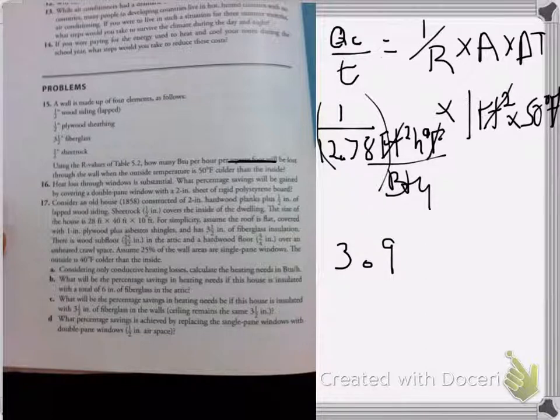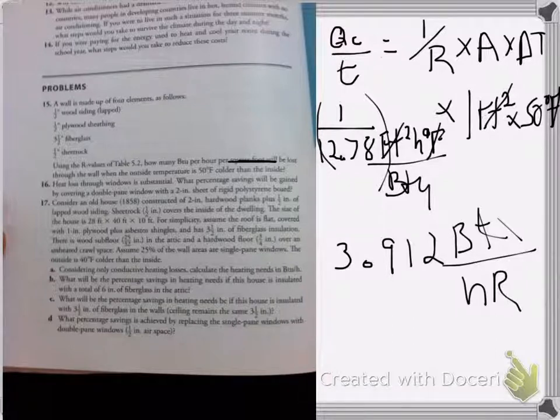So if I want to have some extra units, I can put 1, 2, and that is BTUs per hour. All right, so that's how you do question 15, and I'll be back in a moment after cleaning up my page for question 16.